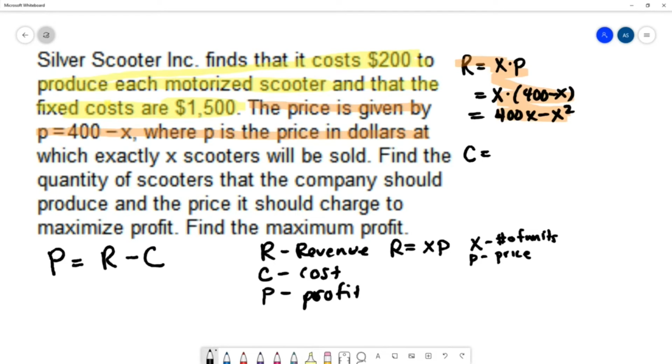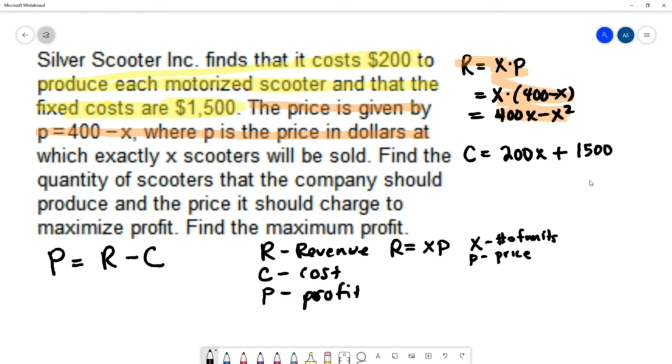So we have a variable cost of 200X. It costs $200 per unit. X is the number of units, plus $1,500. That's our fixed cost. So our cost is 200X plus 1,500.